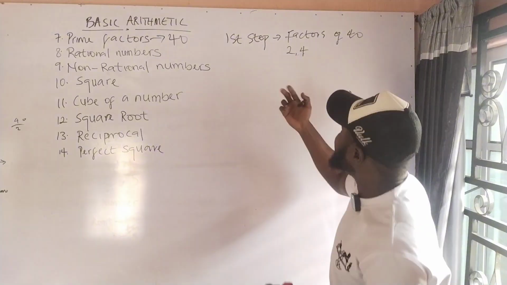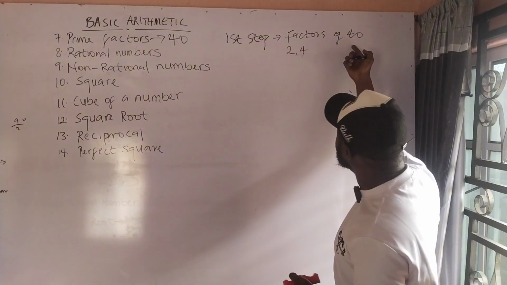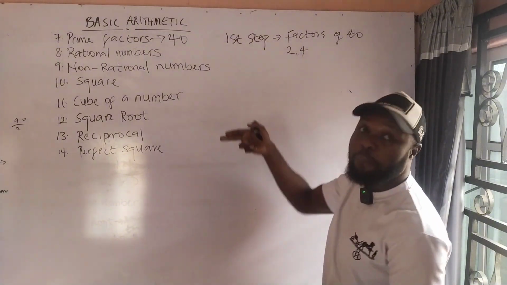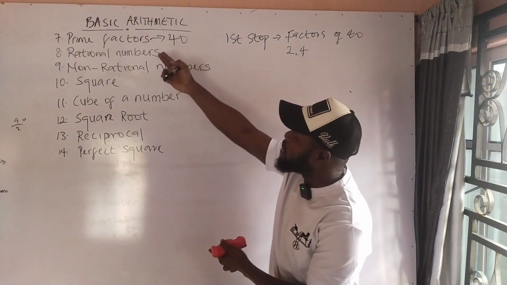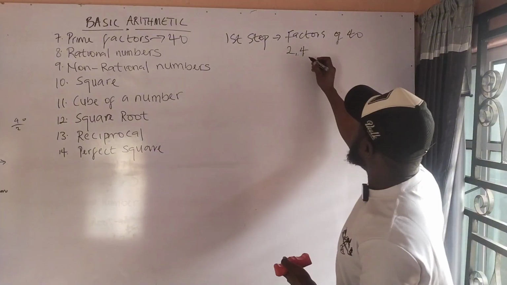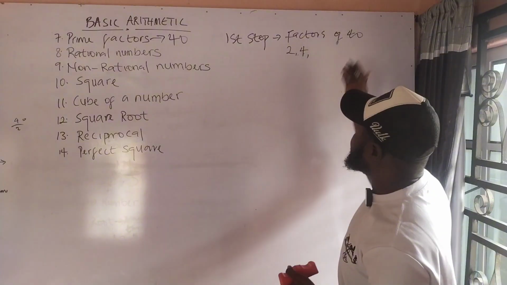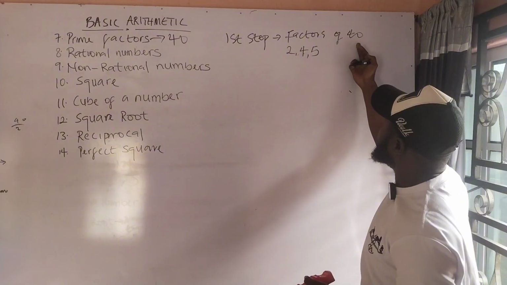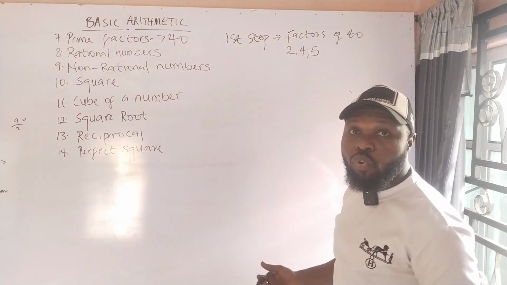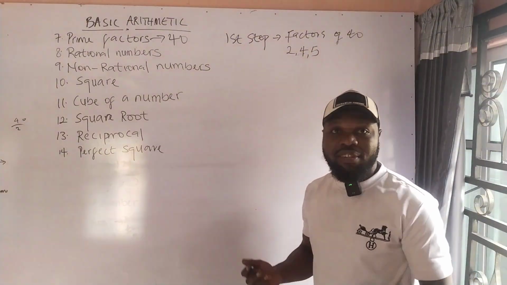And don't forget that we need to find all the factors of this 40 before we can find the prime factors which we are requested to find. What other numbers are the factors of 40? 5. If you use 5 to divide 40, it leaves no remainder. 40 divided by 5 is 8.